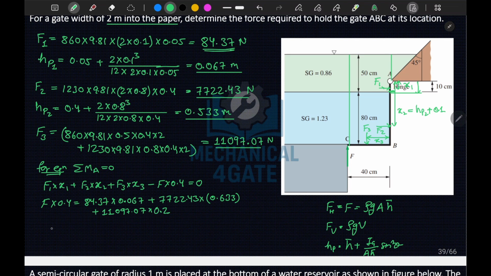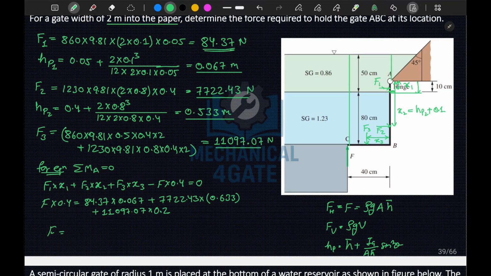So from here we can find my value of F. Let me solve this first: 11097.07 into 0.2, plus 84.37 into 0.067, plus 7722.43 into 0.633, now divided by 0.4.